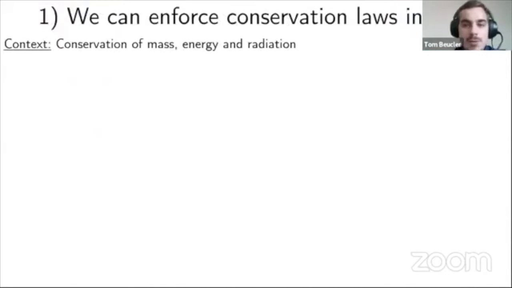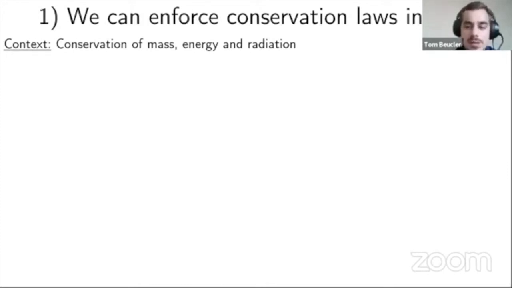So coming back to the first problem motivating this talk, we ask: how can we enforce physical constraints in data-driven models of convection? In our case, we'll propose solutions applied to the conservation of mass, energy, and radiation in neural networks.